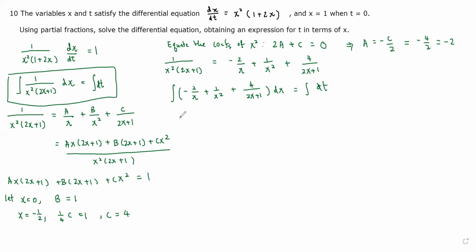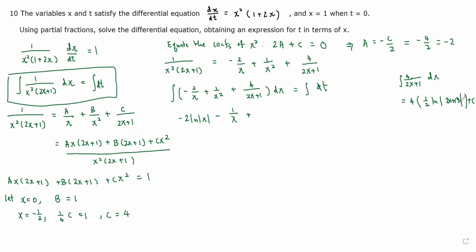Upon integration, this will give us negative 2 log x, then negative 1 over x. And this part here is 4. In order to integrate 4 over 2x plus 1 with respect to x, we have 4, and then 1 over 2 log of 2x plus 1.